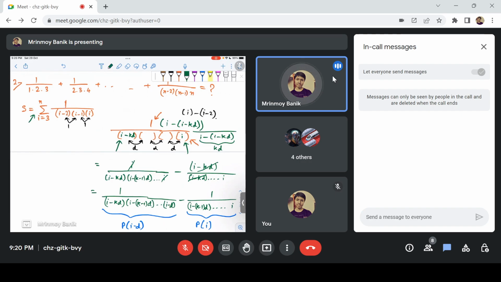So in this particular example, let me write it down. It's the sum over I, you will take the difference of the first and the last, I minus 2.